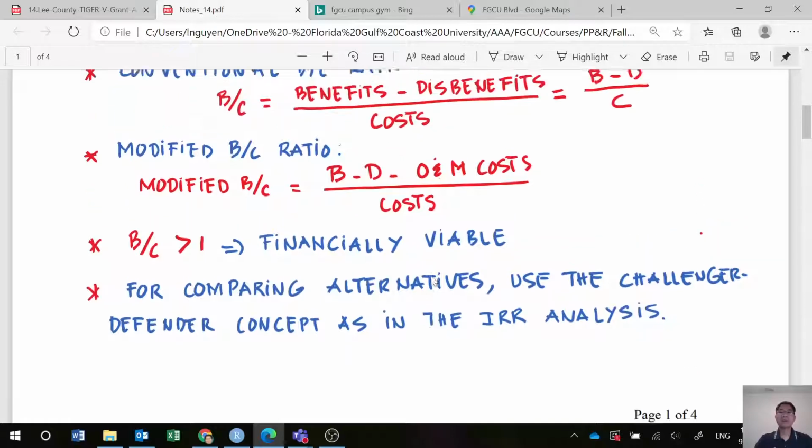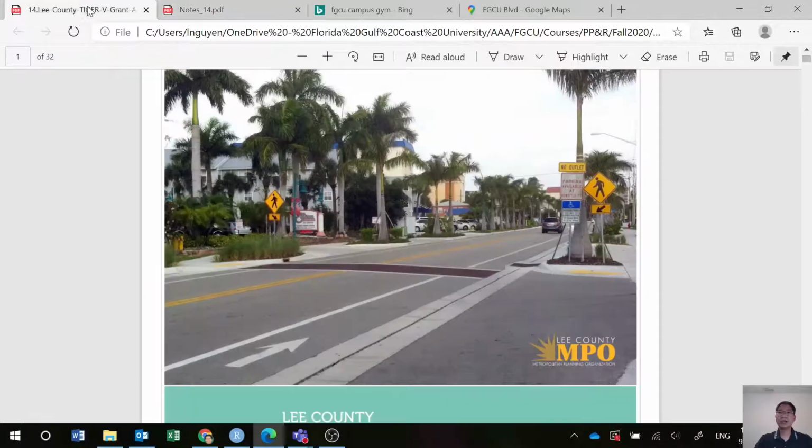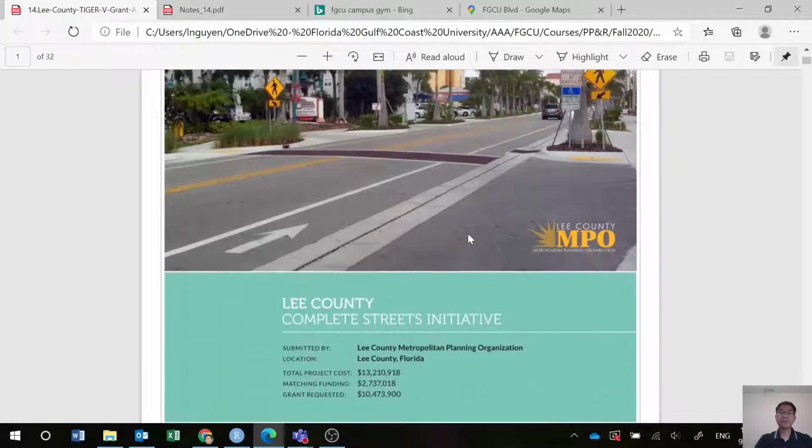With that, I show you an example. Normally benefit cost analysis is used for public projects. Here is one, the Lee County Complete Street Initiative, which started some years ago.